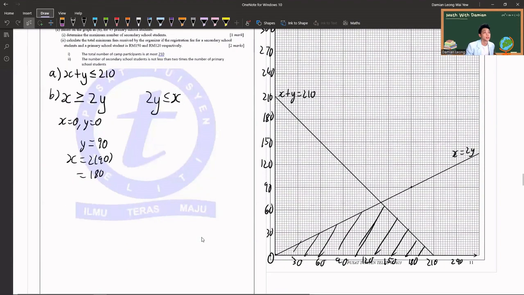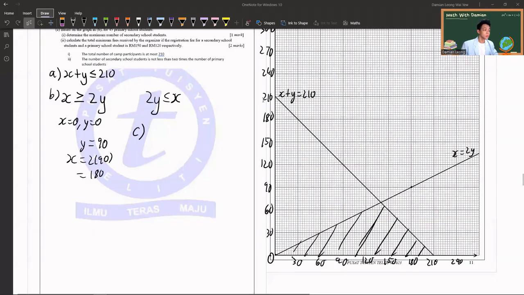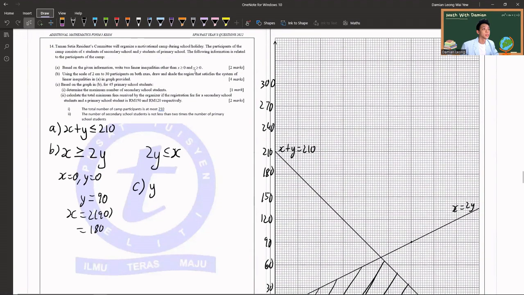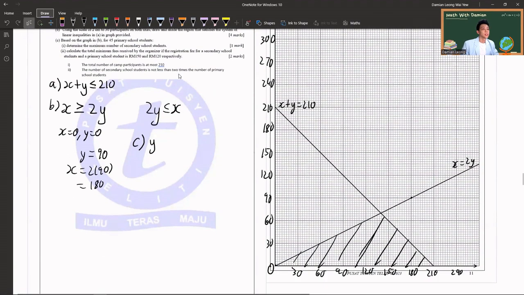Then, based on the inequality graph, we answer part C. For part C, for 45 primary students, means when y, primary students, is equal to 45. So we look for y value of 45. Y value of 45 would be here, right in the middle of 30 and 60.